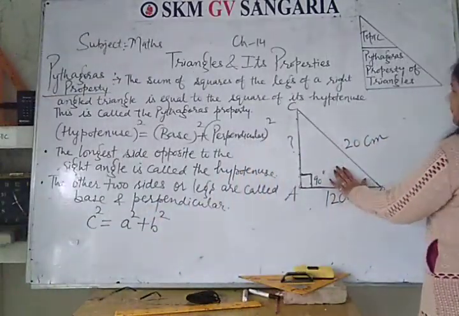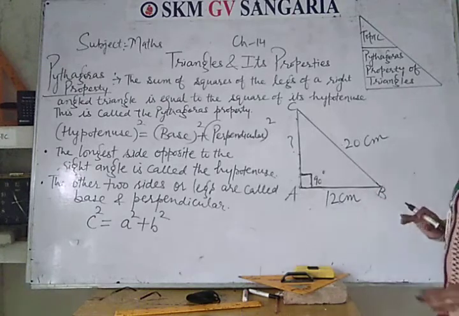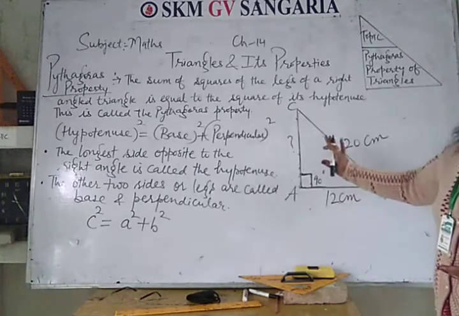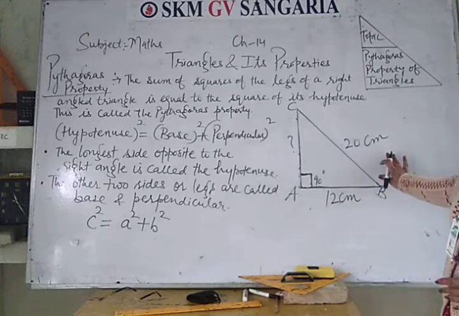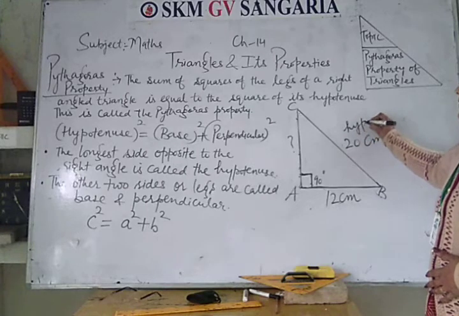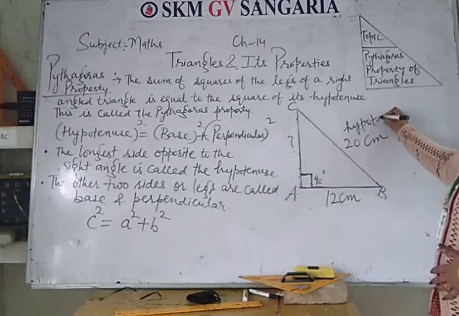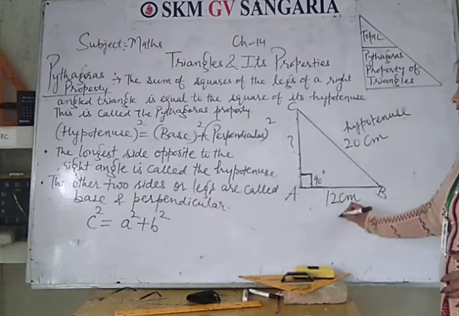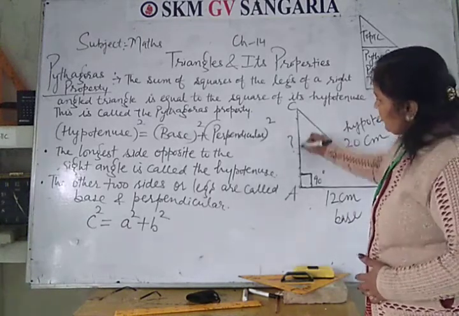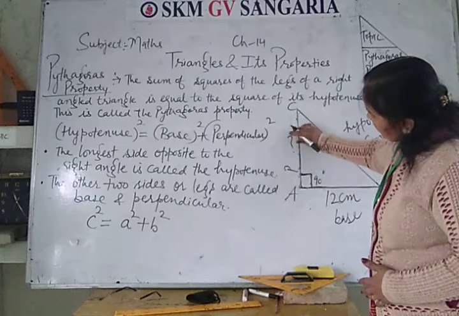By Pythagoras property, the sum of the squares of the legs of a right angle triangle is always equal to the square of its hypotenuse. This is hypotenuse, this is base, and this is perpendicular.